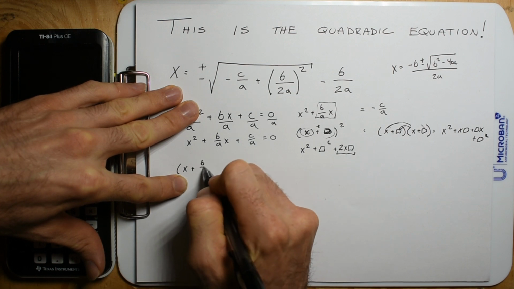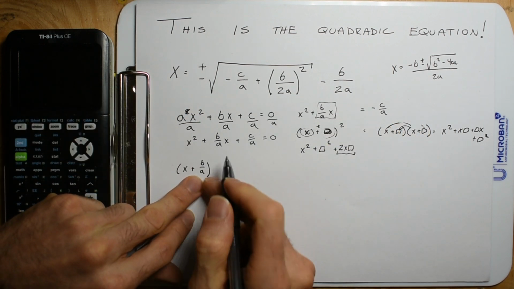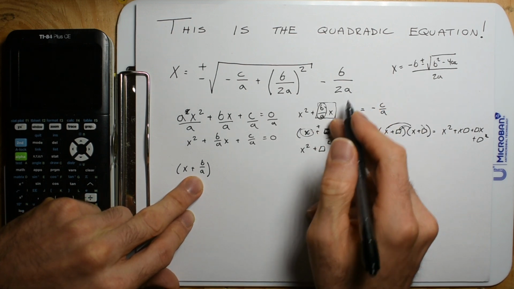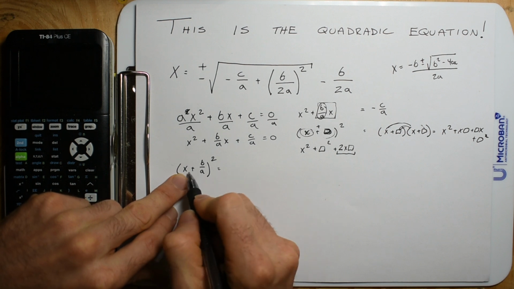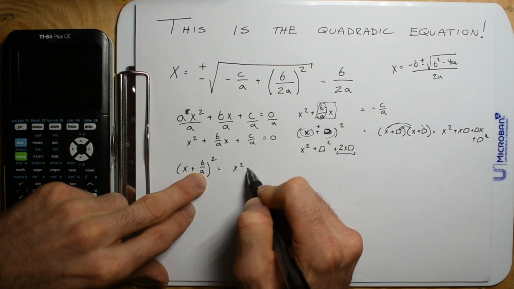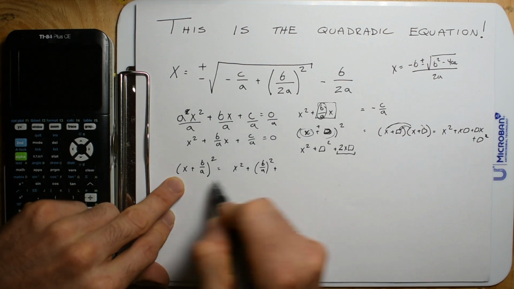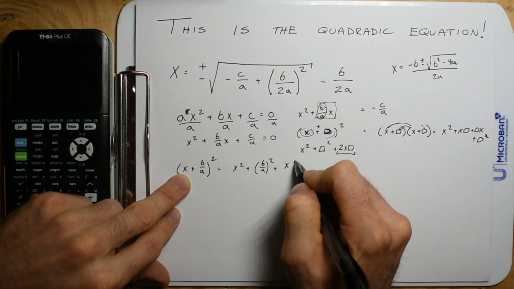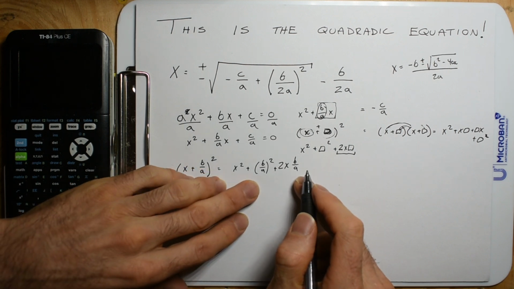This is just b over a. Obviously there's not another x term, but we're just taking this and we're going to square it. So let's do the thing that I do. I'm just going to go x squared plus b over a squared, and then plus x times b over a, but we got two of them. So we got 2xb over a.